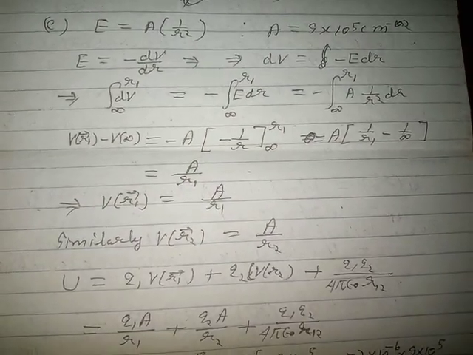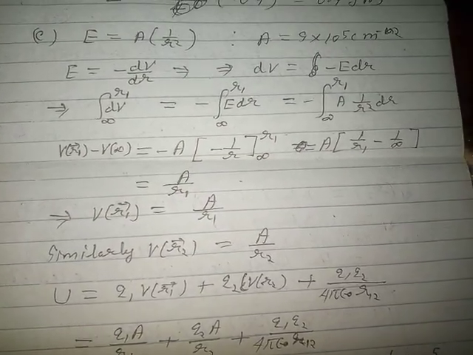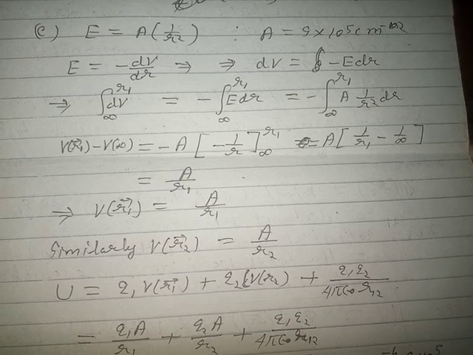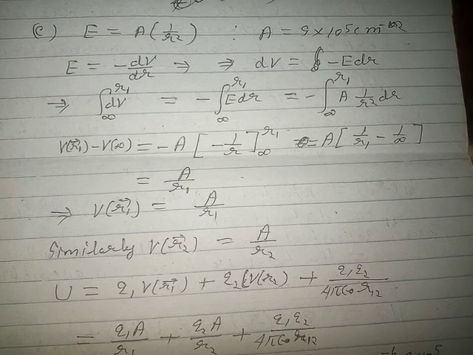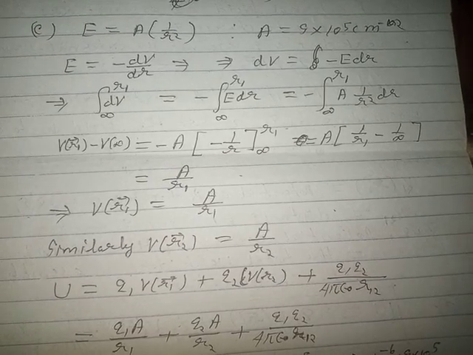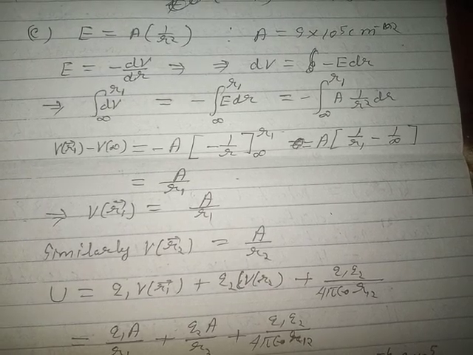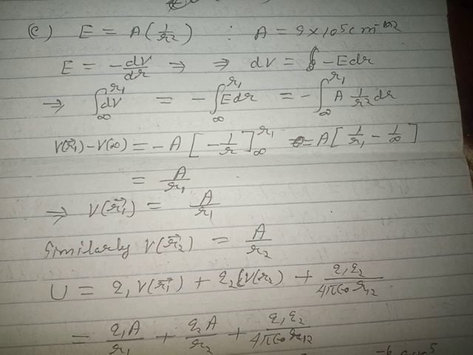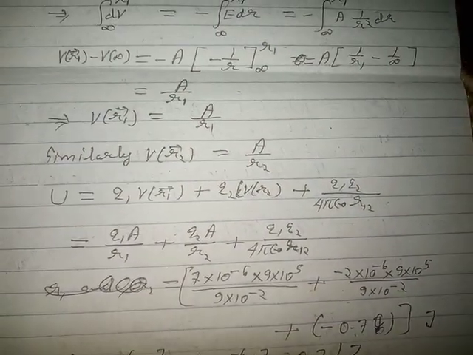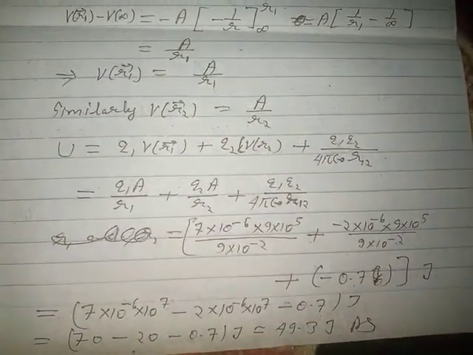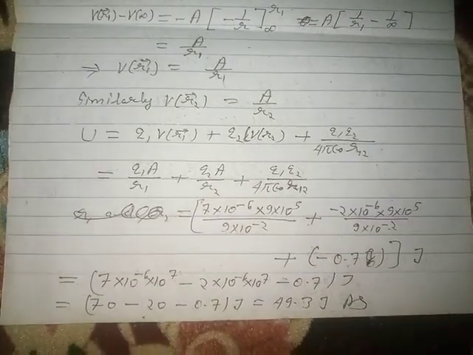This implies V(R1) minus V infinity equals minus A into the bracket of minus 1 by R in the limit infinity to R1, which equals A into the bracket of 1 by R1 minus 1 by infinity, equals A by R1. This implies V(R1) equals A by R1. Similarly, V(R2) equals A by R2.